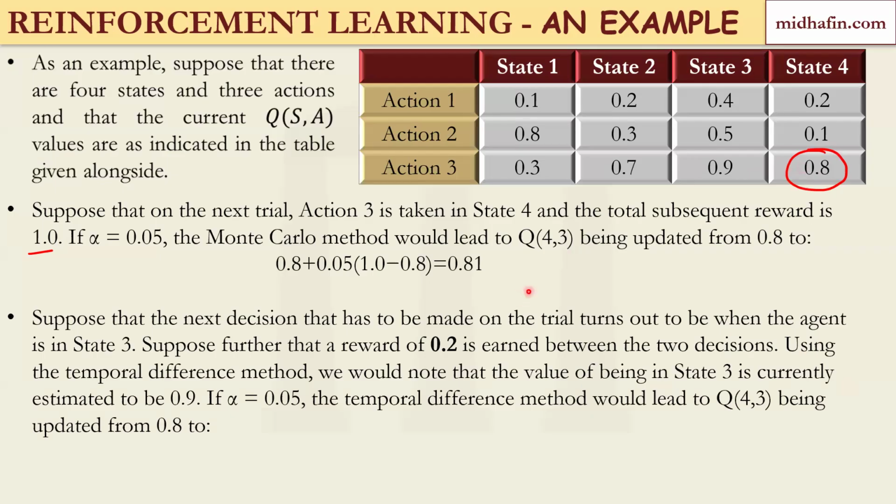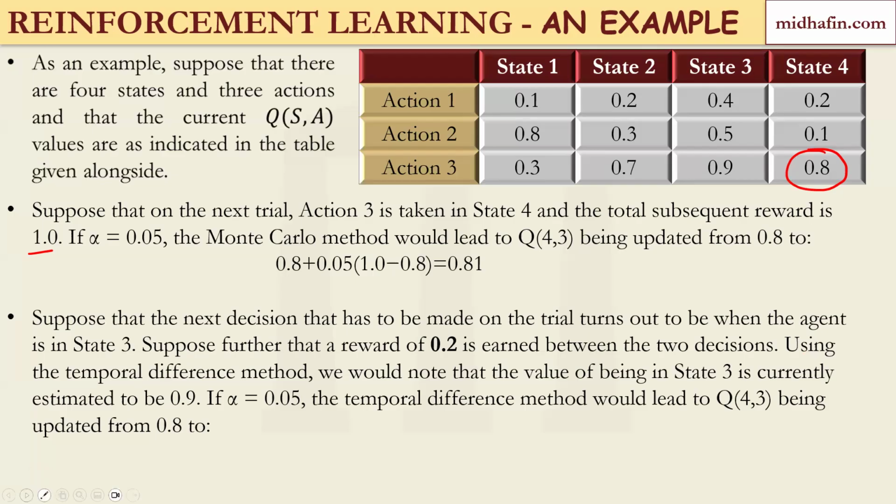So we land in state 3, and the immediate reward that you get is 0.2. Earlier you were in state 4. You know that after taking the next step, you will be in state 3, and the immediate reward, the subsequent reward, will be 0.2 between these two decisions.